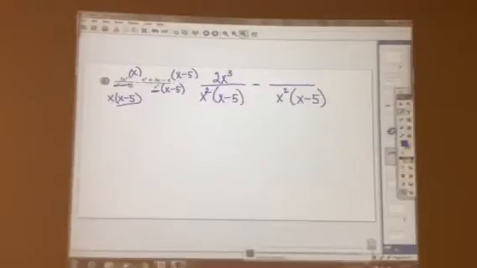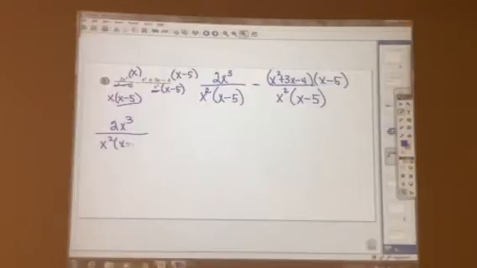So I'm going to have to multiply my numerator, x squared plus 3x minus 4 times x minus 5. Now, I don't have anything here to do because I multiplied it before I actually moved it over. So that will be just 2x cubed still over x squared x minus 5.